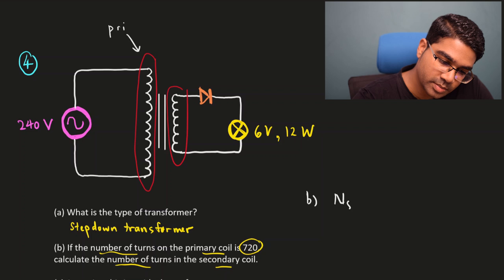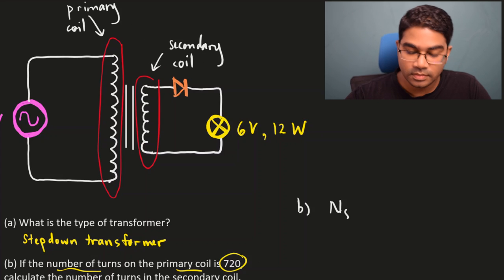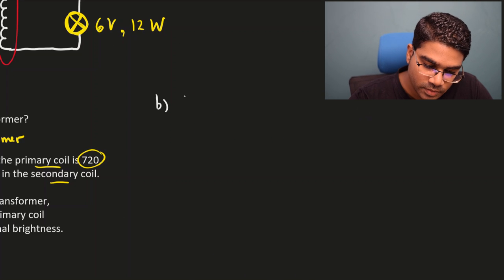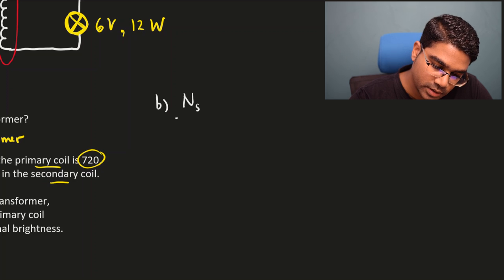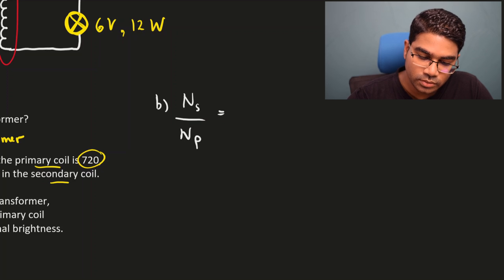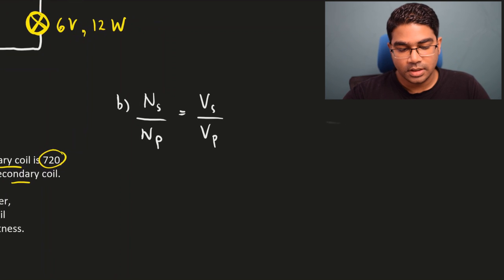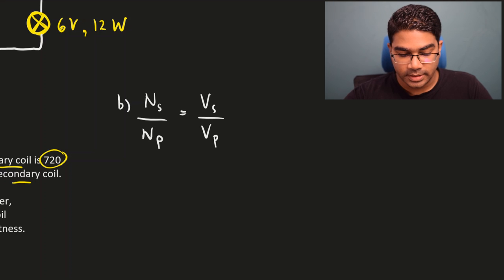We are going to label it as P. The secondary coil is here. So here, the ratio of the number of turns in the secondary coil to the number of turns in the primary coil is equal to the ratio of the potential difference in the secondary circuit over the potential difference in the primary circuit. So this is what we get.